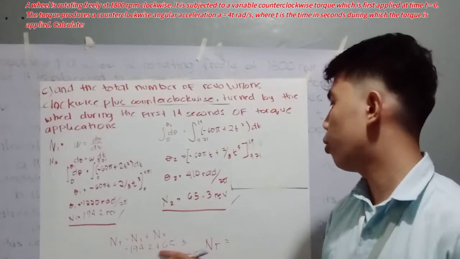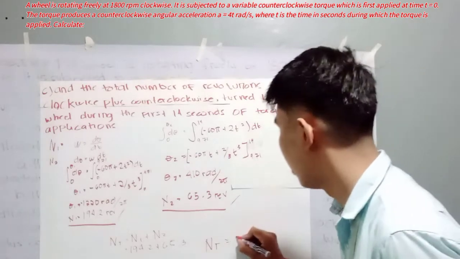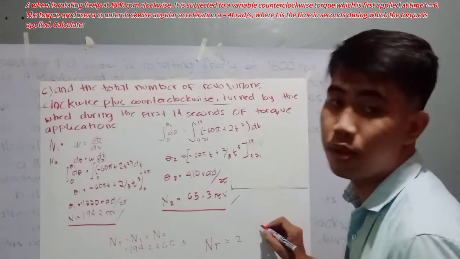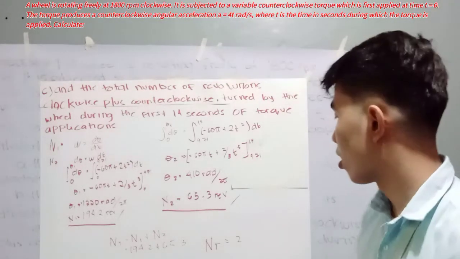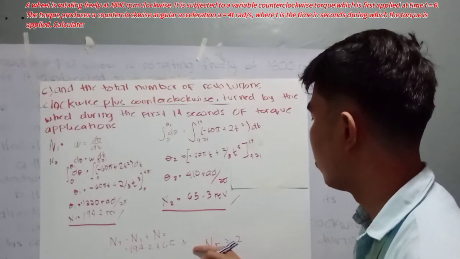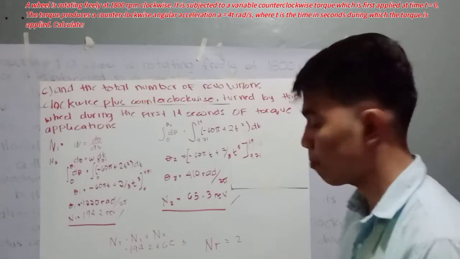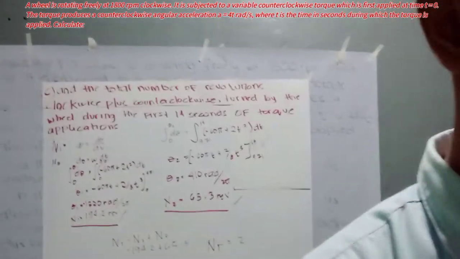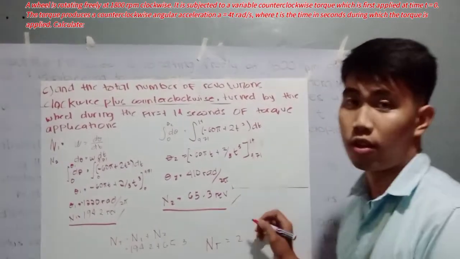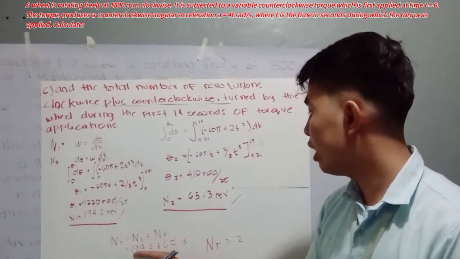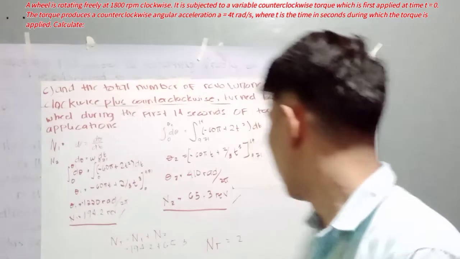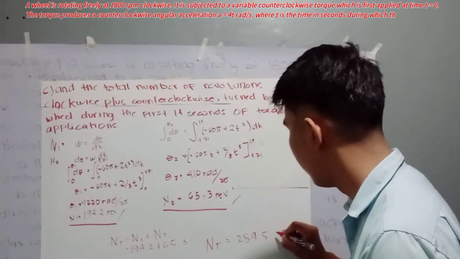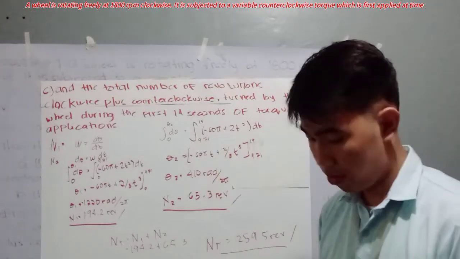So NT is 194.2 plus 65.3, which is equal to 259.5 revolutions. So this is our answer for problem number 1, letter C.